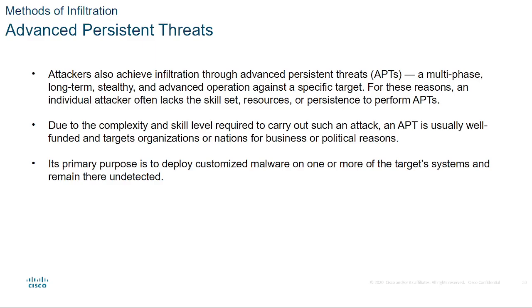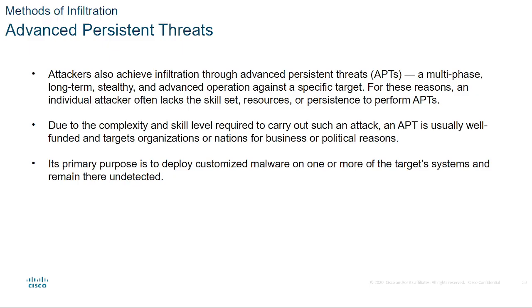Another method of infiltration is advanced persistent threats. Attackers also achieve infiltration through advanced persistent threats, and this is a multi-phase, long-term, stealthy, and advanced operation against a specific target. For these reasons, an individual attacker often lacks the skill sets, resources, or competence to perform advanced persistent threats.